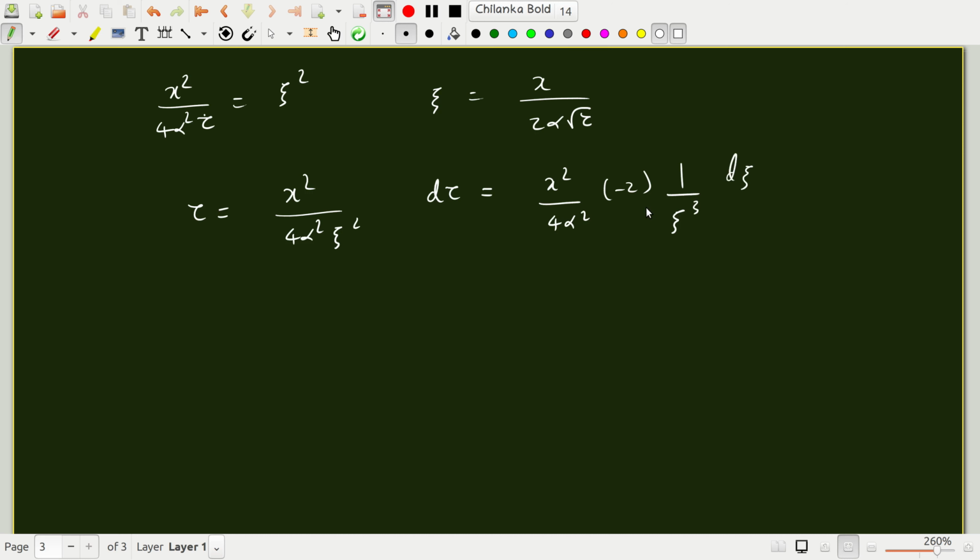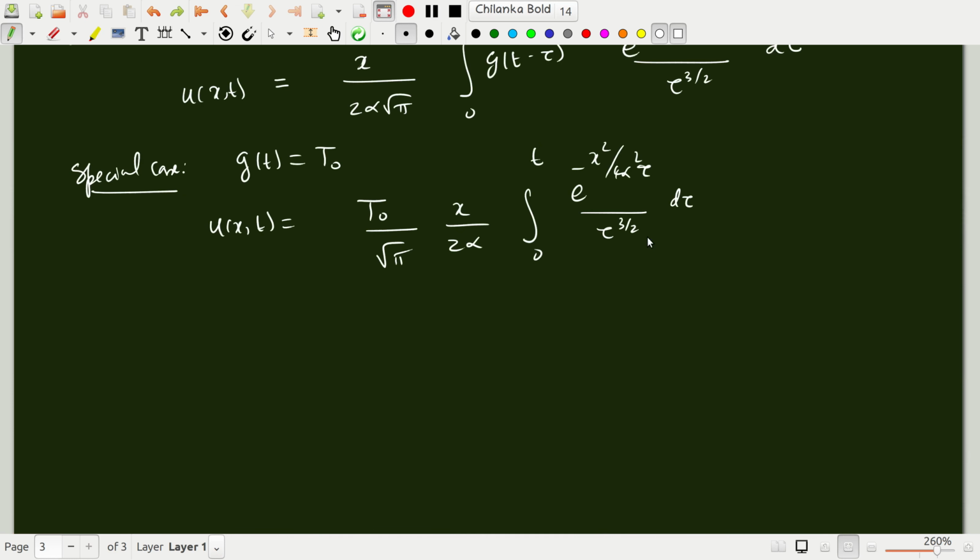Alright. Now if I substitute all this in this equation, u of x,t is T naught by root pi. Remember that zeta squared is x squared by 4 alpha squared tau.